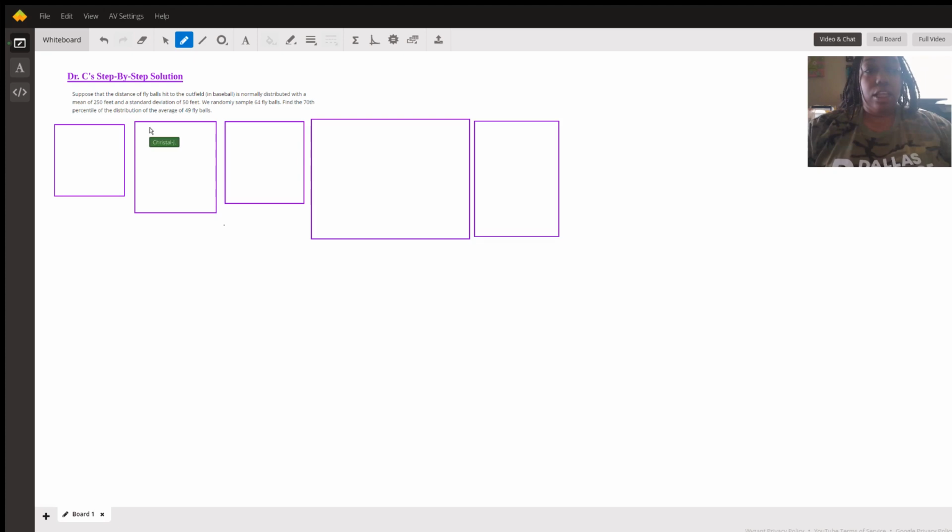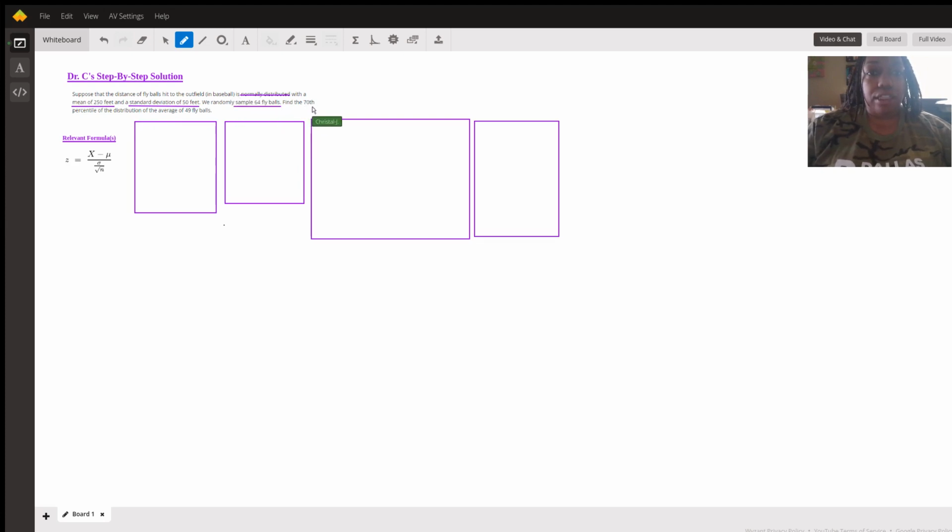But either way, first things first, we write out the relevant formulas and we're doing z-score. We know this because they said normally distributed. Another thing that's relevant is mean of 250, standard deviation of 50, and sample of 64.